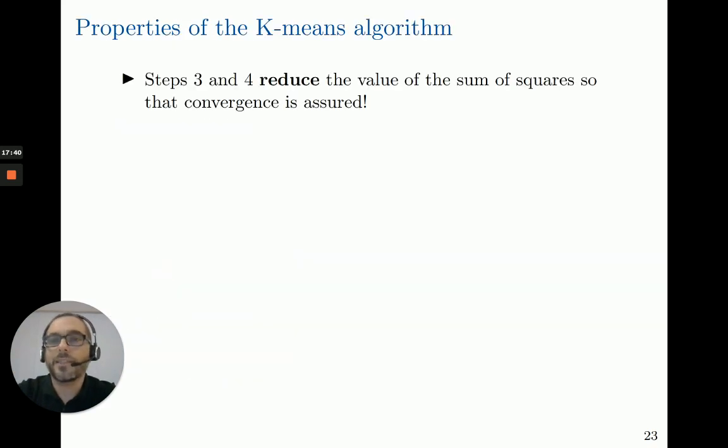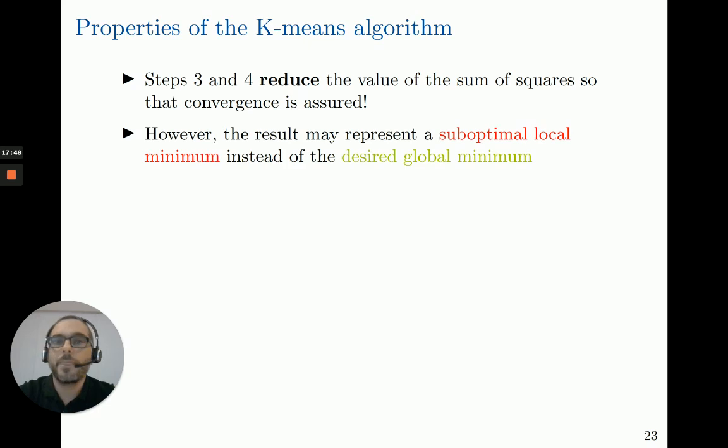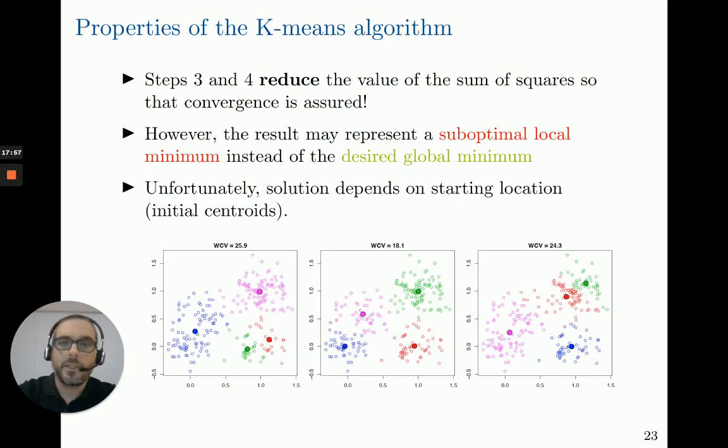So, properties of the k-means algorithm. Steps 3 and 4 reduce the value of the sum of squares, so convergence is assured. But the result may represent a suboptimal local minimum instead of a desired global minimum, because the solution will depend on the starting value of the centroids.